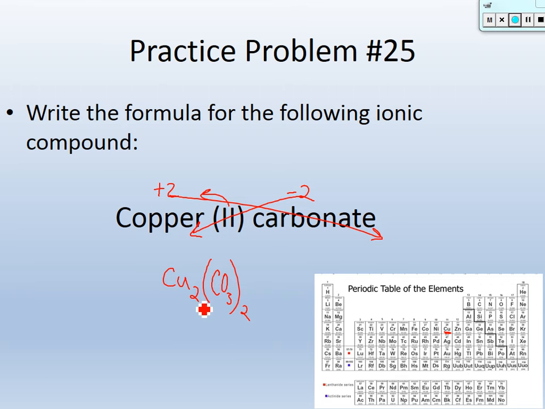Now, can I reduce this 2 and this 2? Sure. So that gets reduced to Cu, CO3. Okay, and you might be asking, why didn't I draw parentheses around this one? It's a polyatomic ion. But if the number is 1, do I need parentheses? Nope. And so you can just write it Cu, CO3.